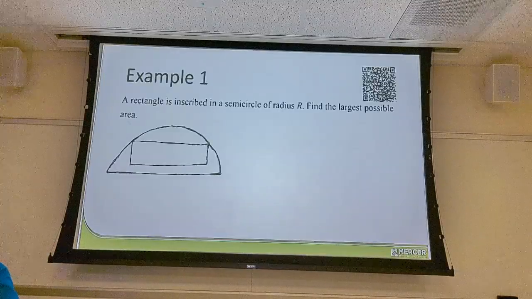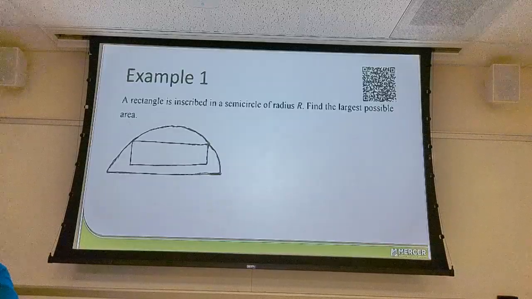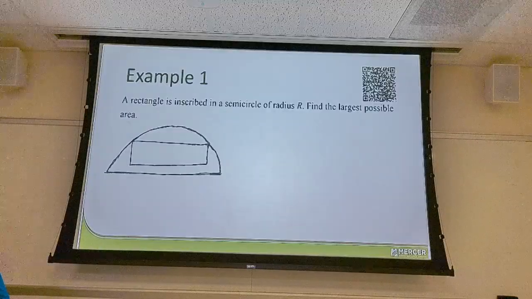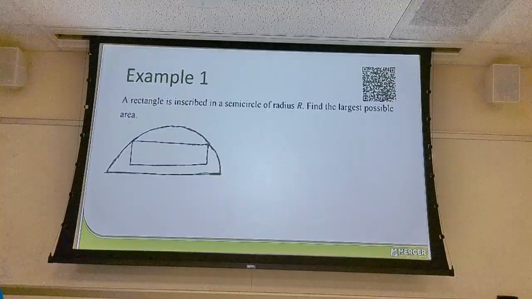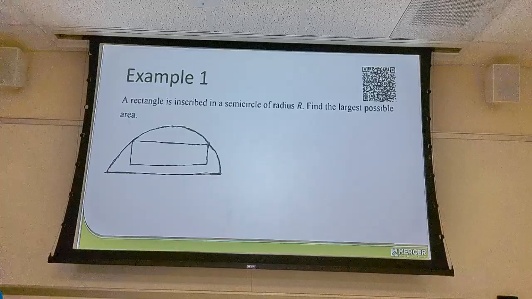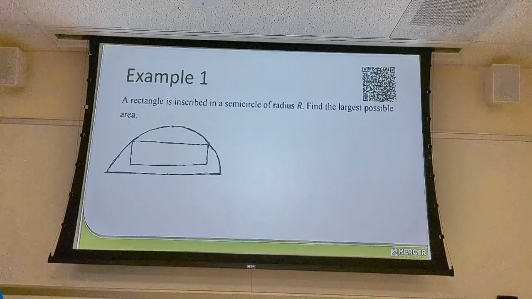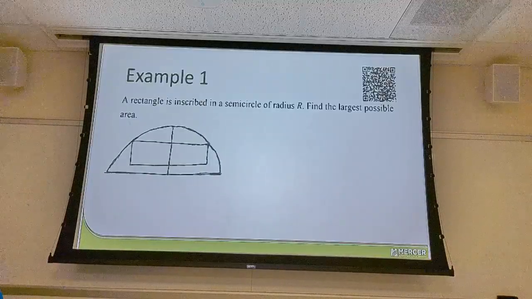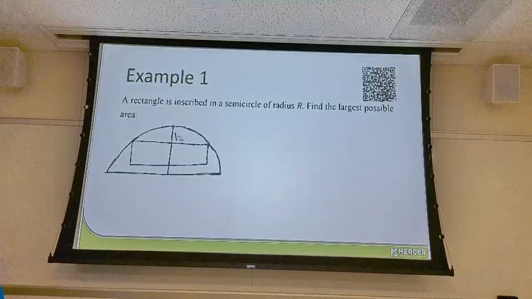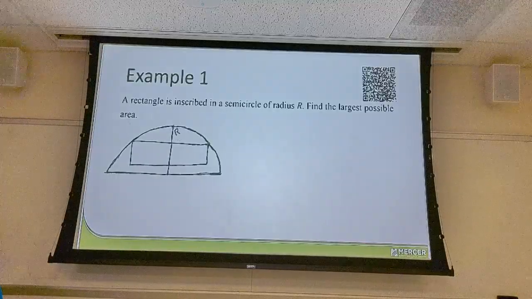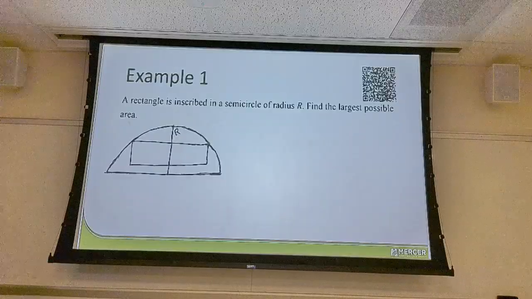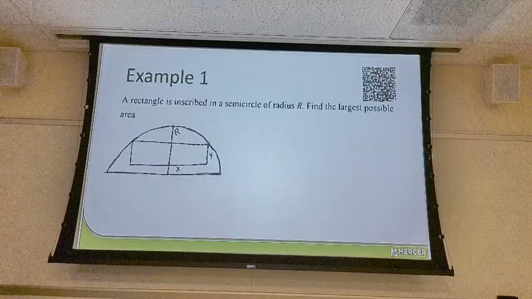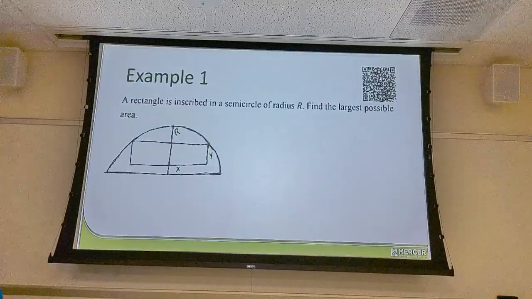We know what that length there is, right? We also know what that distance is. So that is the radius of the circle, capital R. We don't know the sides, so we'll just call them X and Y.